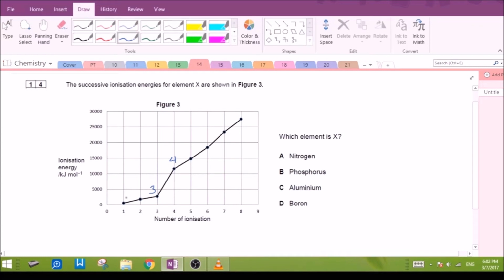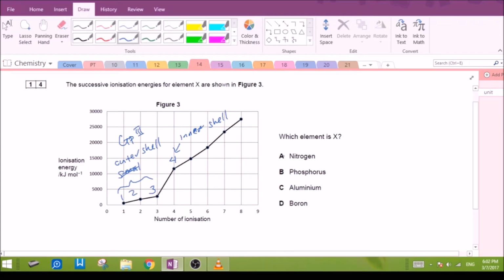It means that the first three electrons belong to the same outer shell, and the fourth electron could most likely come from an inner shell. Right, so it also means that this unknown atom comes from group 3.